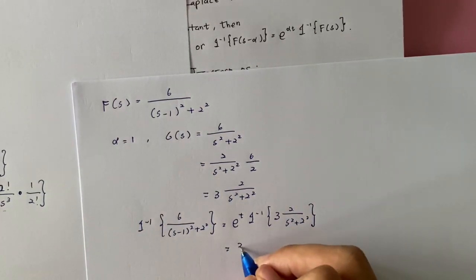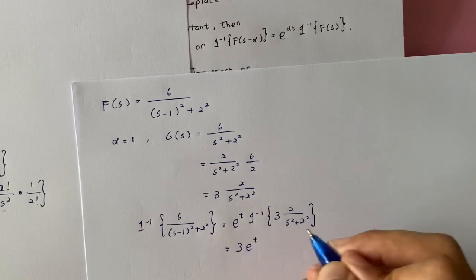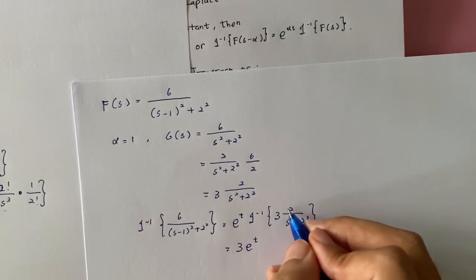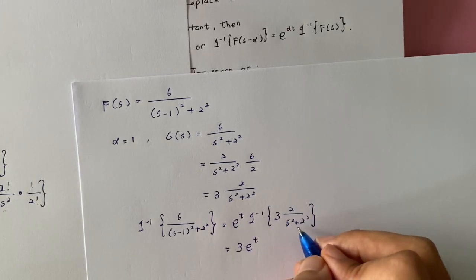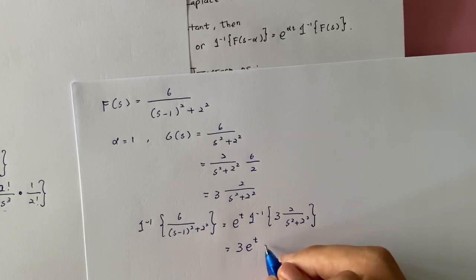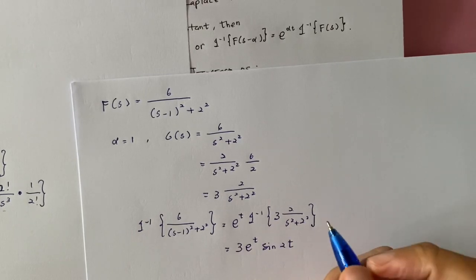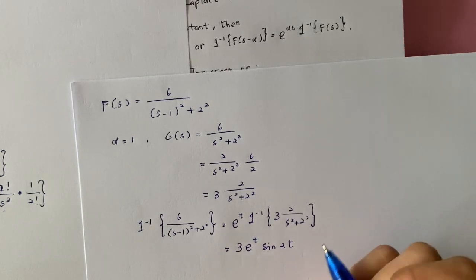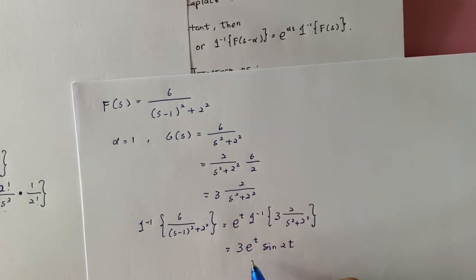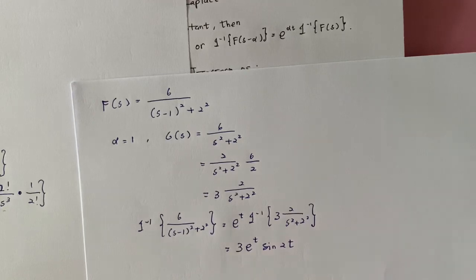Okay, so you move your 3, e exponent t. Inverse Laplace of 2 over s square plus 2 square is sine 2t. So the last answer is 3 e exponent t sine 2t.